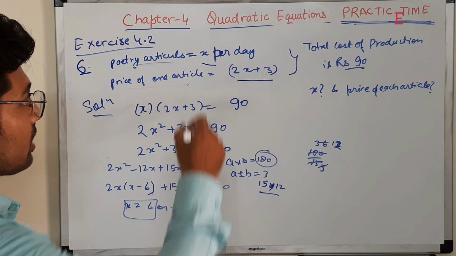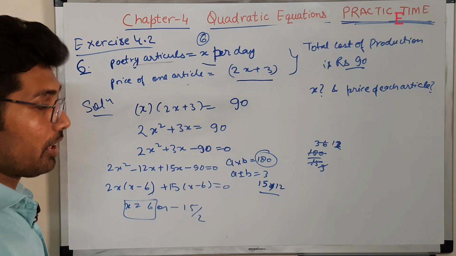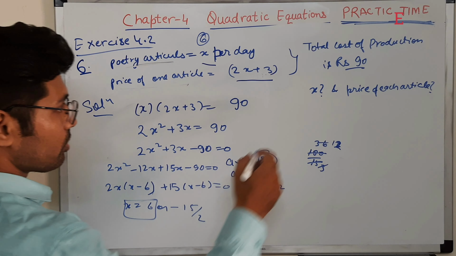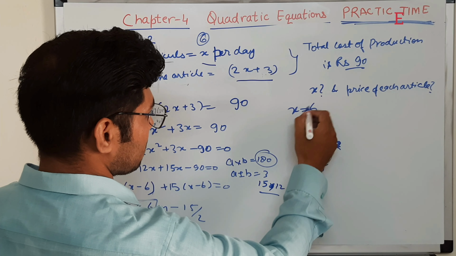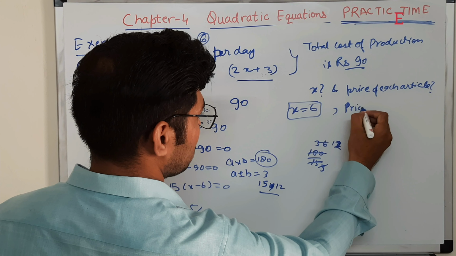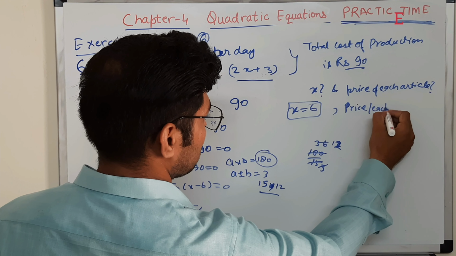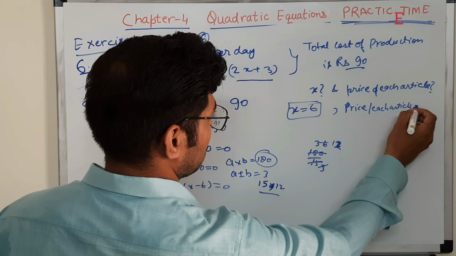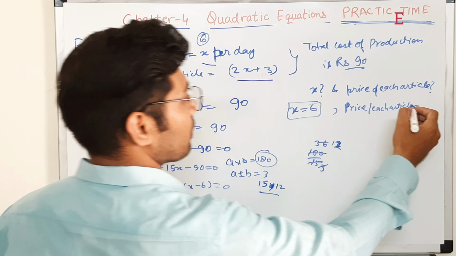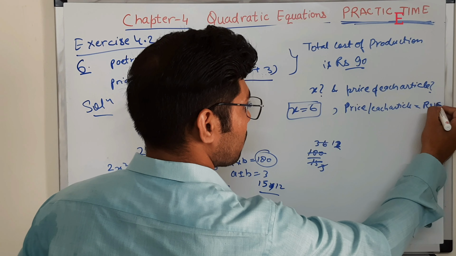So x is 6 articles produced on that particular day. It may be any article, right? So x will be 6, and the price of each article will be 6 into 2, 12, plus 3 is 15 rupees.